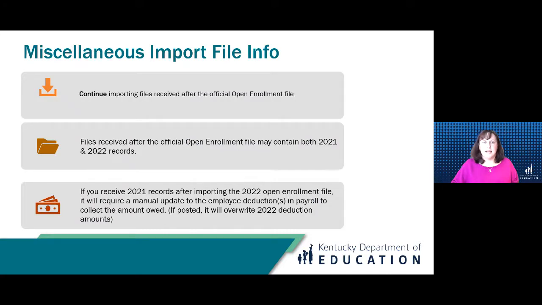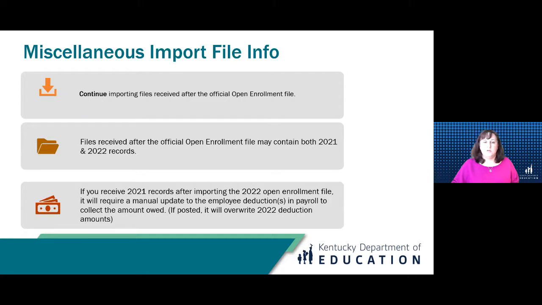So some miscellaneous import file info. Continue importing the files you received after the open enrollment file. As I mentioned, you want to import those in order. Files received after the open enrollment file may contain both 2021 and 2022 records.